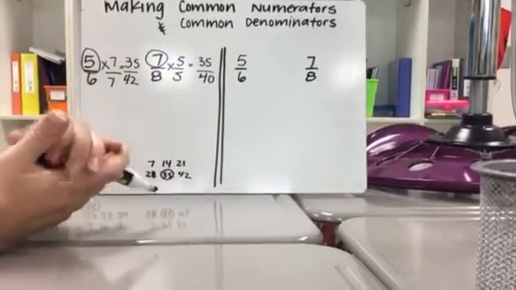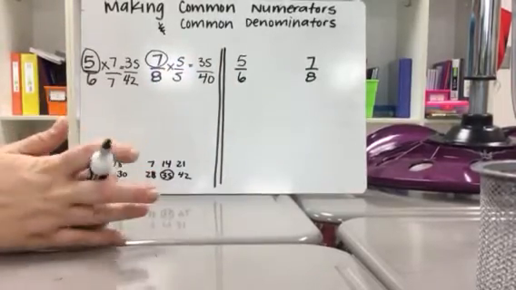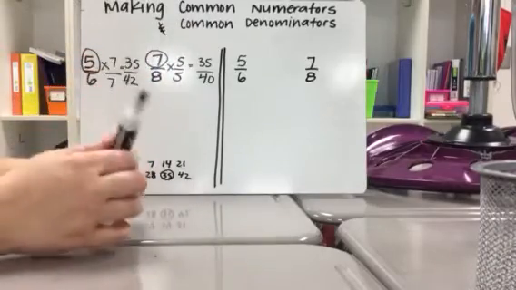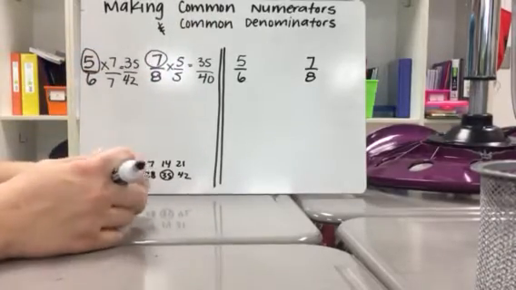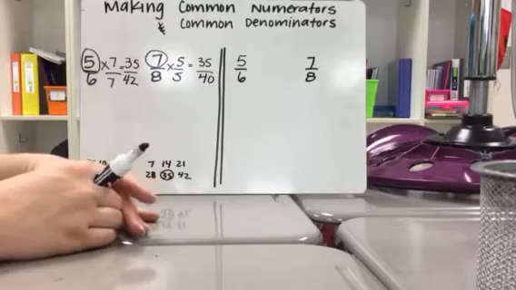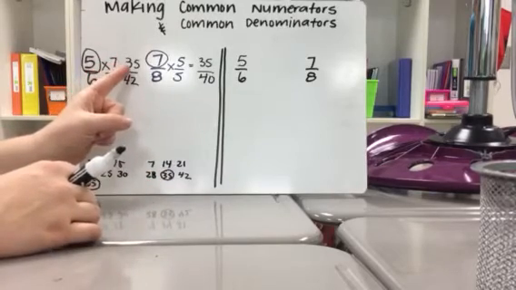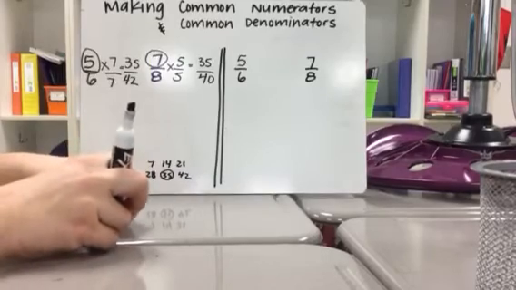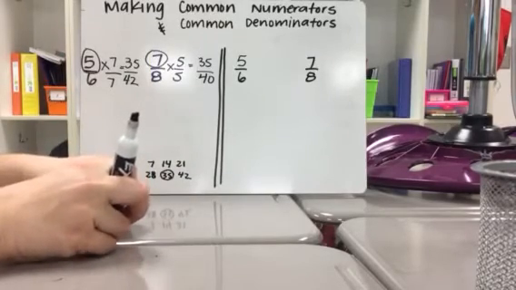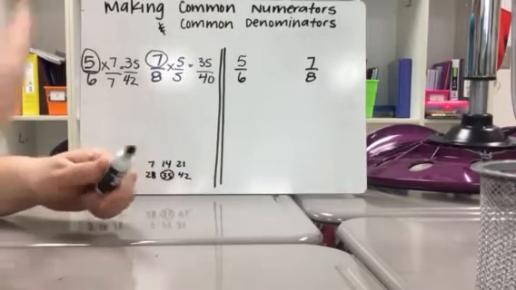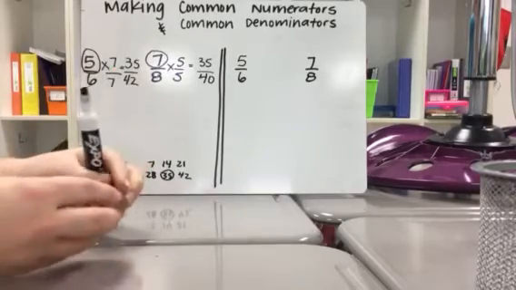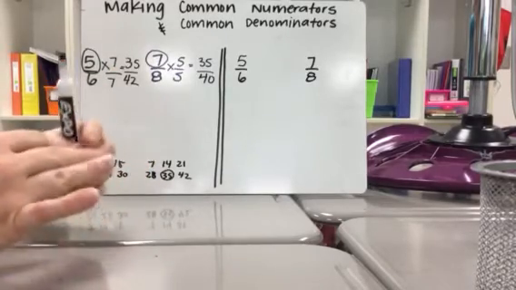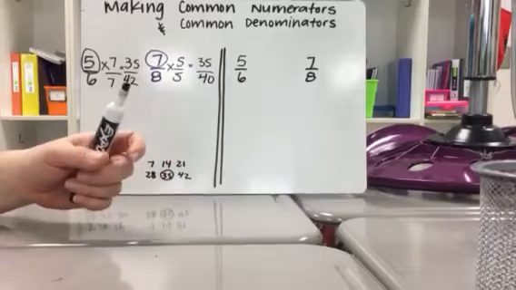Okay, so now this is where the thinking comes in. Common numerator tends to be harder because you're comparing the size of the pieces. Here I'm using 35 pieces, and here I'm using 35 pieces, but it's the size of the pieces or the units that matter. Always try to remind your 4th grader and yourself, the smaller the denominator, the larger the pieces, and that's tricky to keep in your mind.